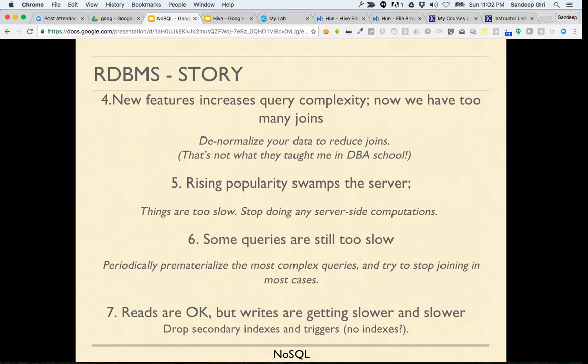We no longer use secondary indexes. We don't use triggers. We don't use stored procedures. We don't use the joining. We don't use the normalization and hence primary, secondary keys, and so on. So effectively, the database, as we were taught, is totally useless when there are so many requests coming in.